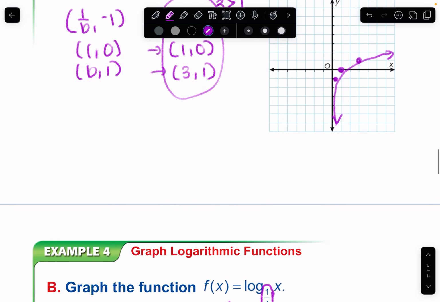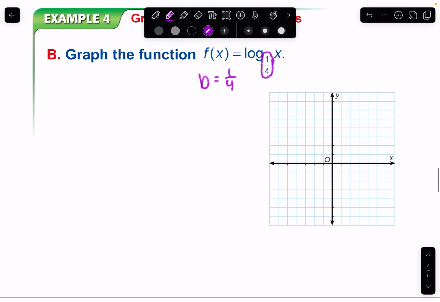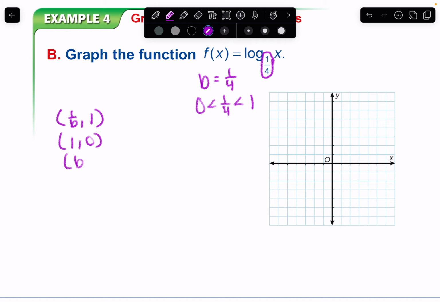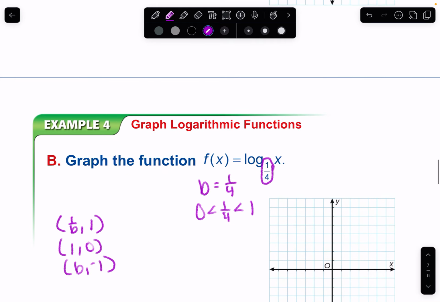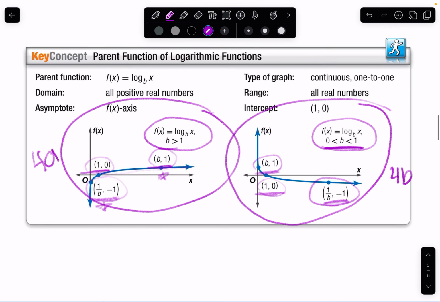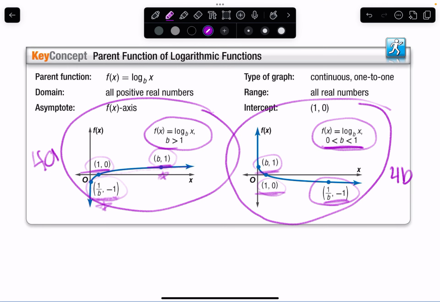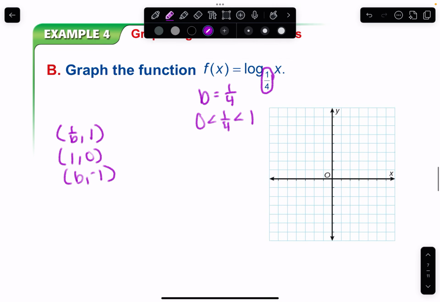The reason I'm using it is 1/4 is greater than 0 but less than 1, so it fits into that second graph category. So the points for that, again, are 1/b, 1, 1, 0, and then b, -1.